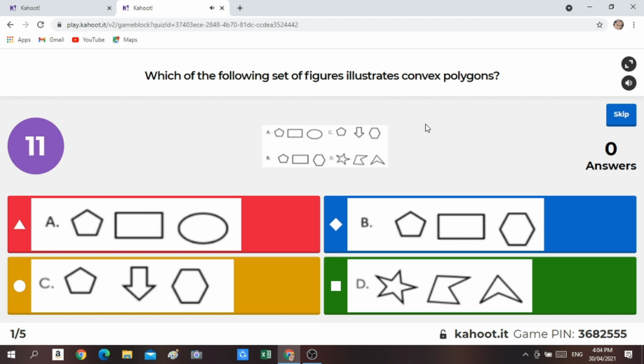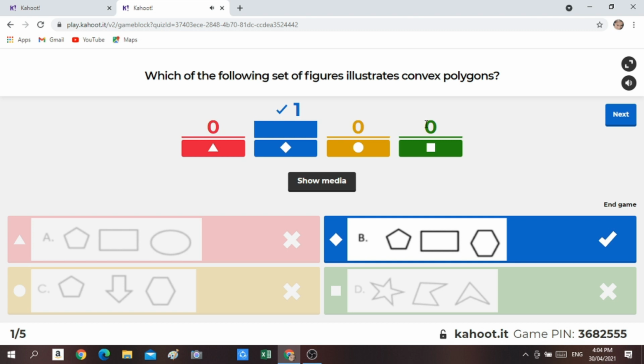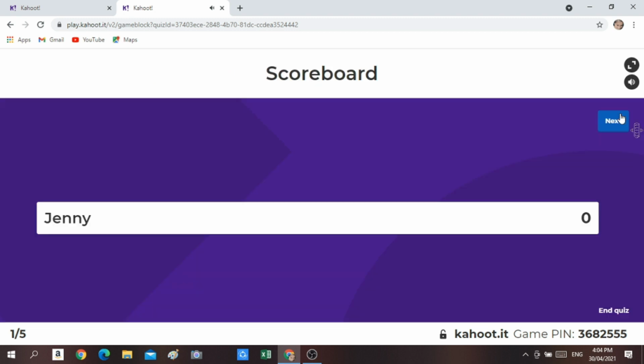Try to answer. Okay, this is letter B. Why? All the polygons in set B are convex because there is no side that crosses inside the polygon.